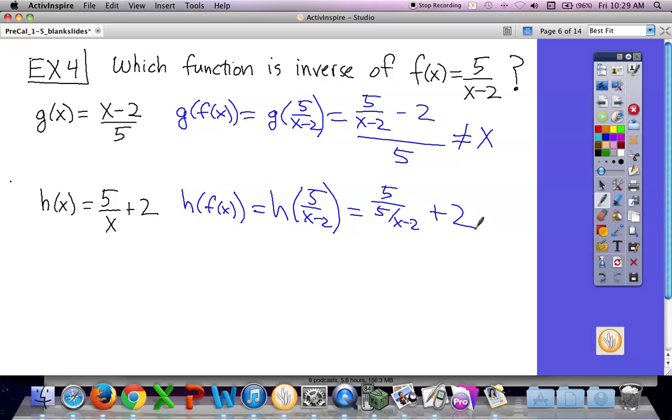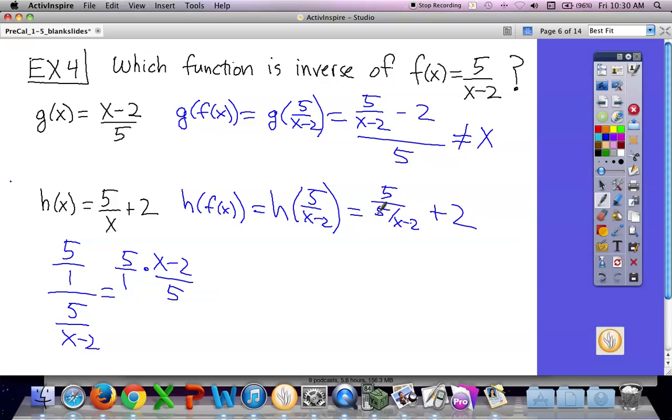Remember, when we divide 5 over 1 divided by 5 over x minus 2, that is the same thing as 5 over 1 times x minus 2 over 5. When we divide by a fraction, it's the same thing as multiplying by the reciprocal.